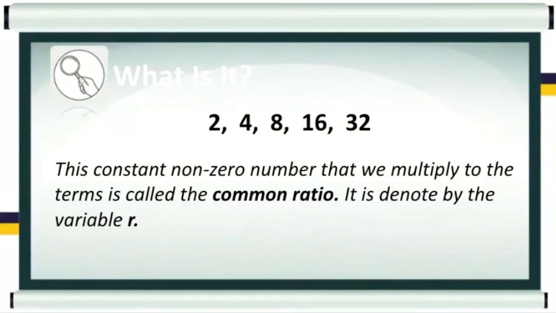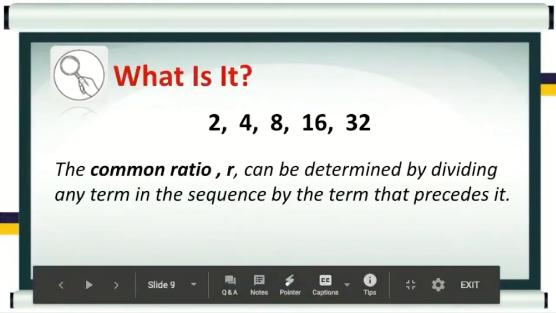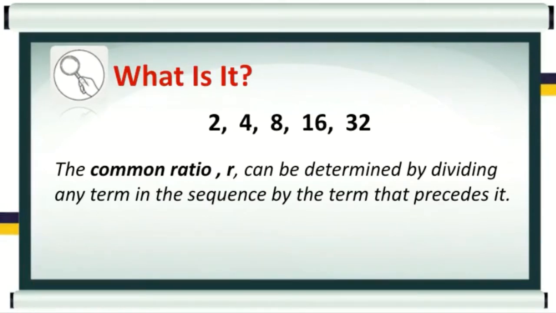So if you see a variable r, it always signifies the common ratio. Okay, now how are we going to find the common ratio? The common ratio r can be determined by dividing any term in the sequence by the term that precedes it.